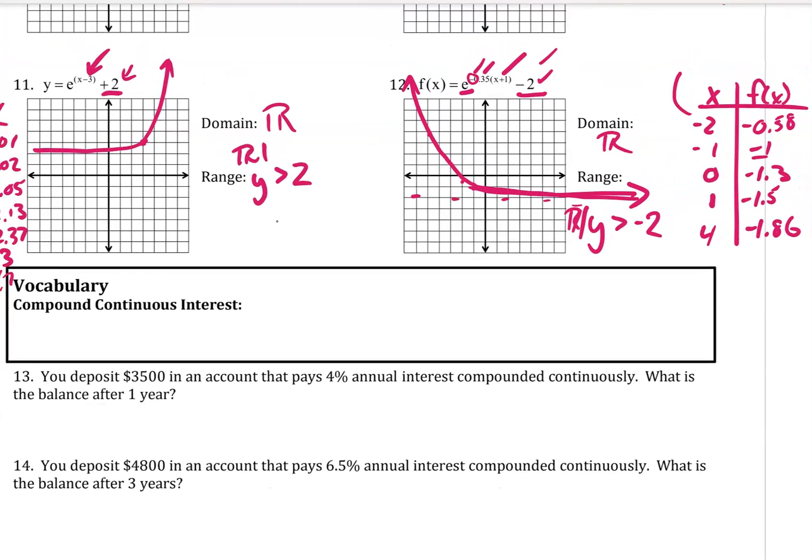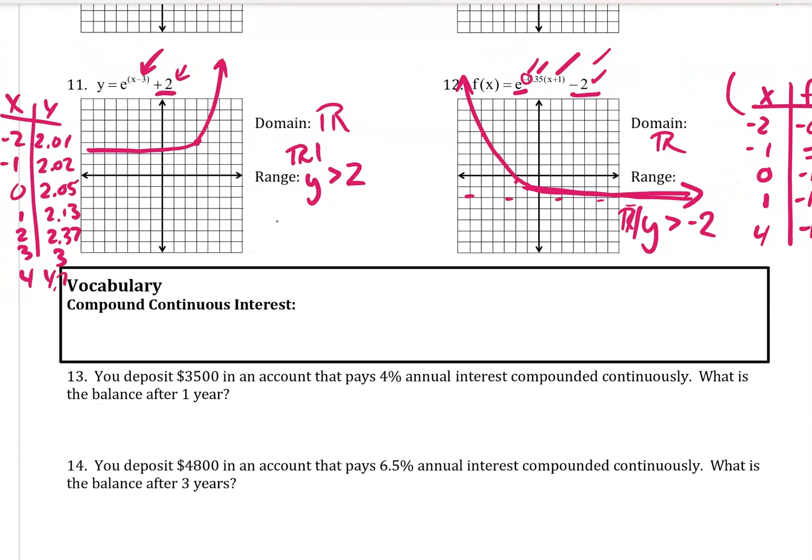Now a little bit of vocabulary. Compound continuous interest. So this is where e really comes into play. I won't go into the details of it. I'll just give you the equation to start off. A equals P, your principal, times e to the RT.